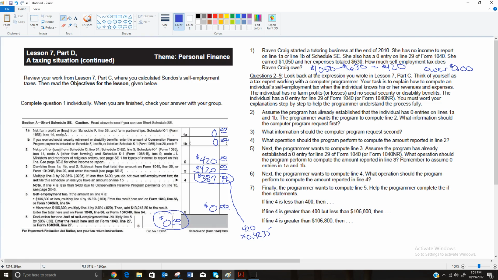So assume the programmer has already established that the individual has 0 entries on line 1A and 1B. What information should the computer program request first? Now, you could look at this a little bit differently, but from doing this before, what I believe that they want you to do on 2 and 3 is to say that you would first want to enter their income.